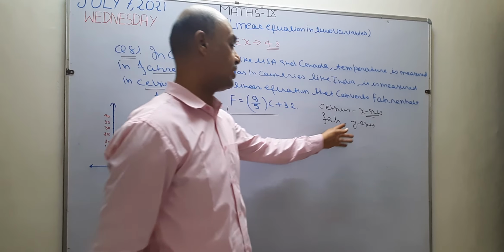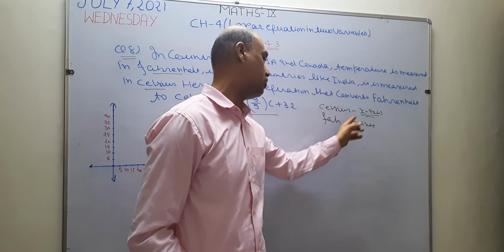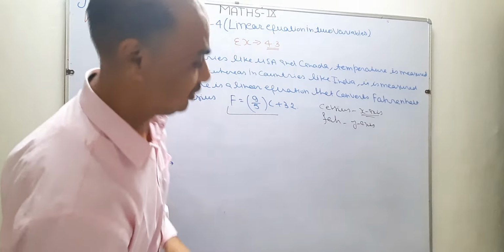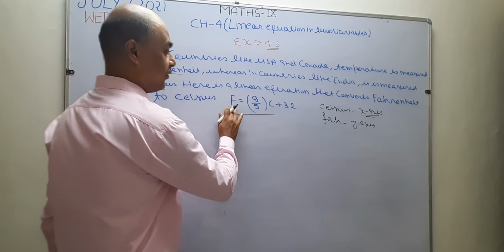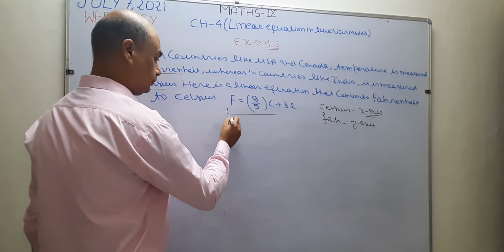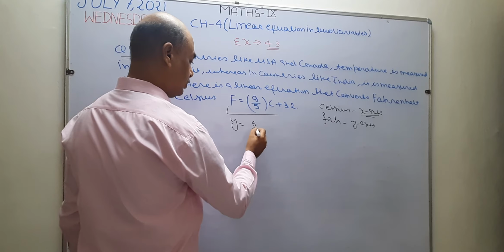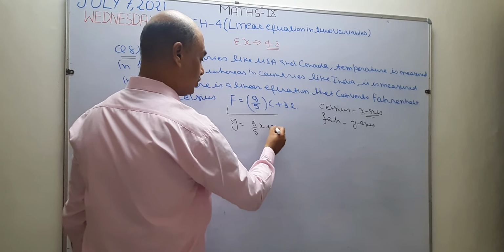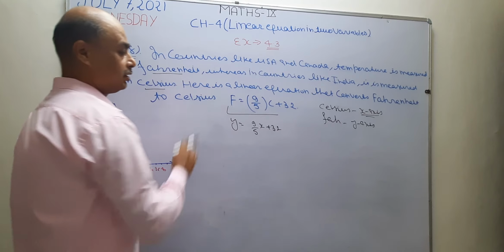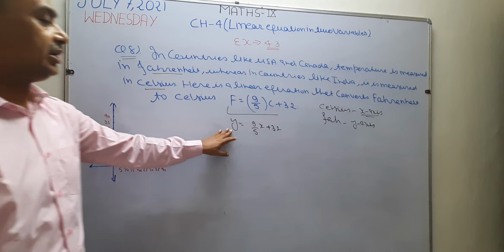Using Fahrenheit as y-axis and Celsius as x-axis, we have to draw the graph of this equation. So instead of F, I write y, and instead of C, I write x. This is the required linear equation in 2 variables.